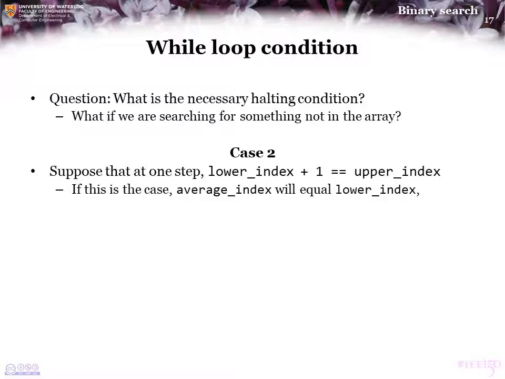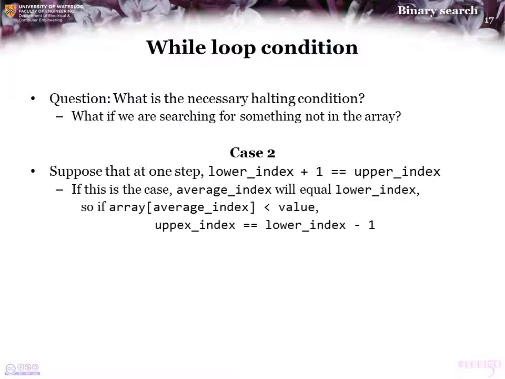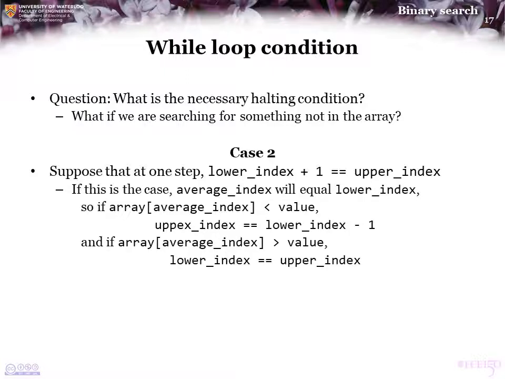So in this case, the average index must equal the lower index value. So if the entry at the average index is less than the value we're searching for, lower index will be updated to now equal average plus 1, which is the current value of upper index. If the entry at the average index is greater than the value, then upper index will be updated to be lower index minus 1.